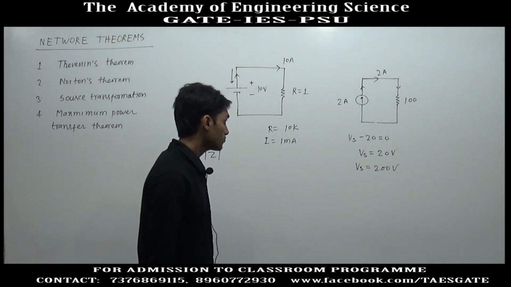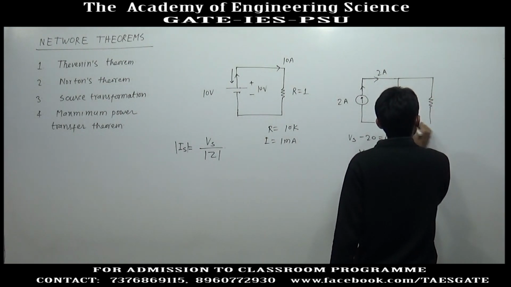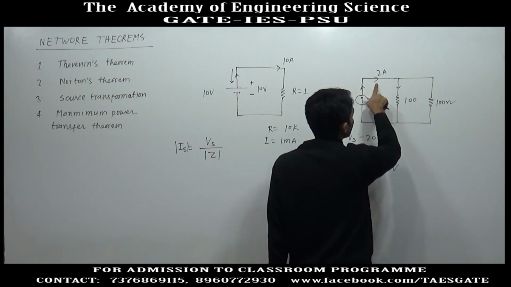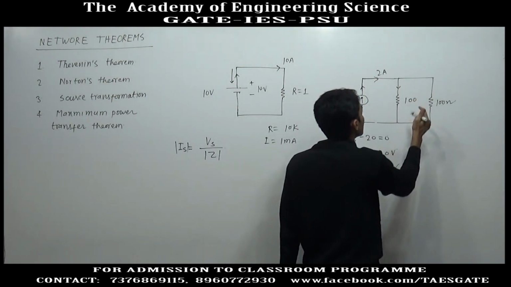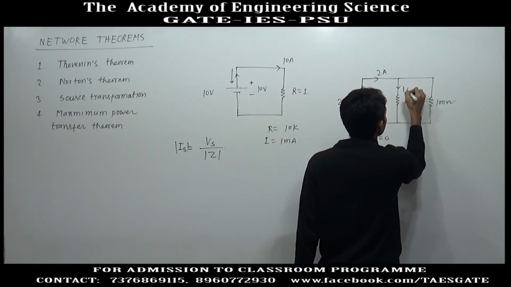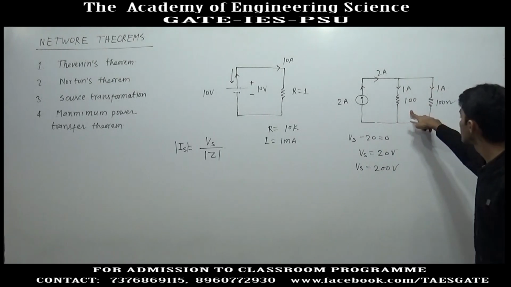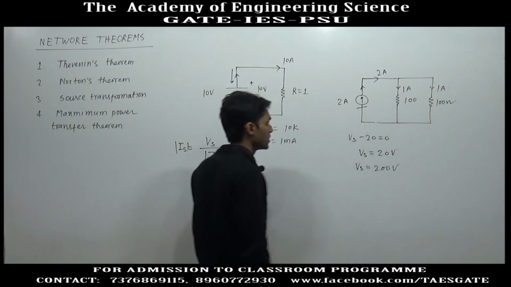Now if we connect one more resistance of 100 ohm, since the voltage across both resistances is the same, this 2 ampere will get divided into 1 ampere and 1 ampere. Now the voltage across it is 100 volt, so the voltage across the current source is 100 volt.